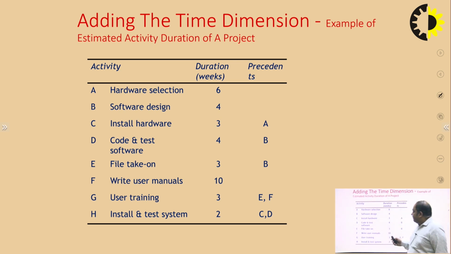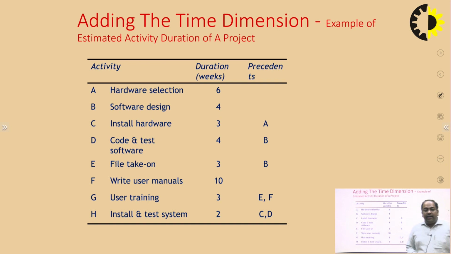So activity D is dependent on activity B. File takeon is also dependent on activity B. Then we write a user manual, which we write after the code, and we give the user training. So we give the user training on the basis of file takeon and the user manual.